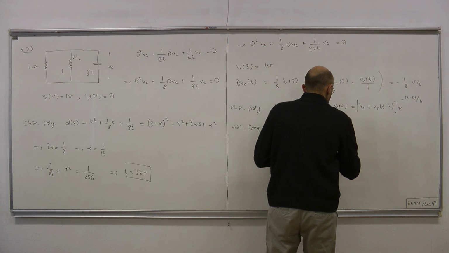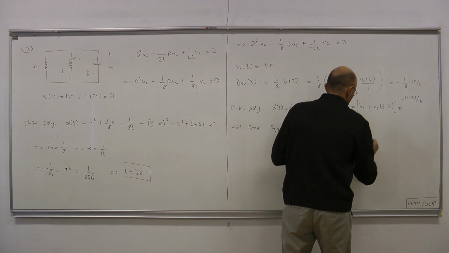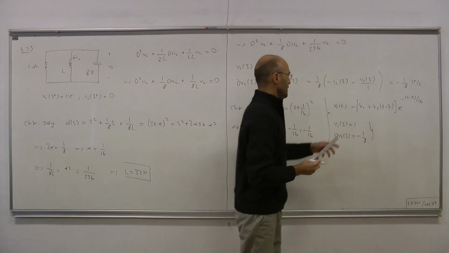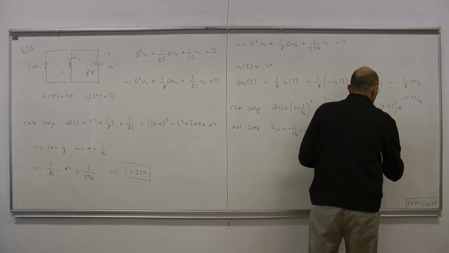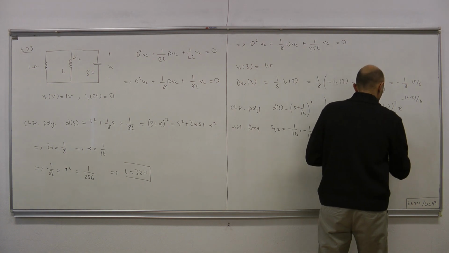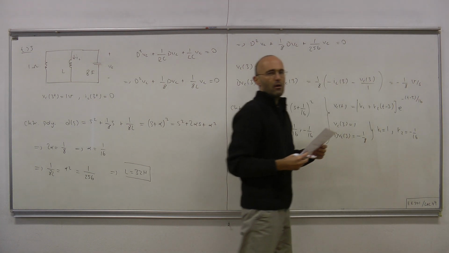Okay. Vc(3) equals 1, dVc(3) equals minus 1 over 8. For that, we get K1 equals 1 and K2 equals minus 1 over 16.